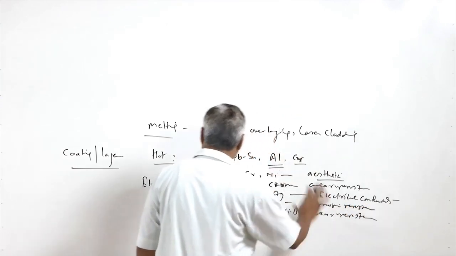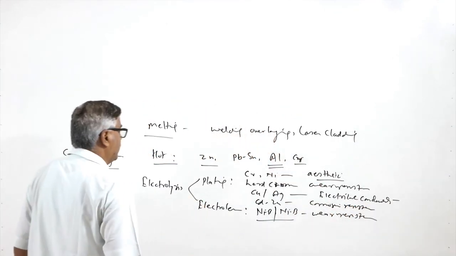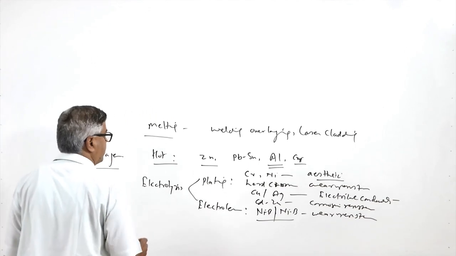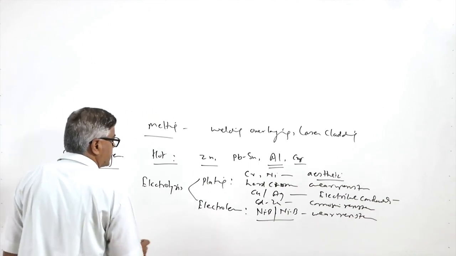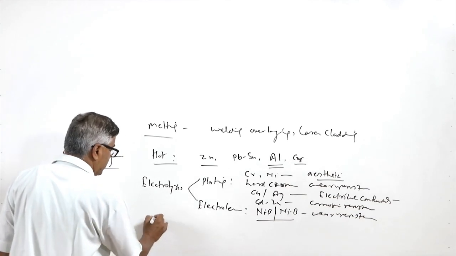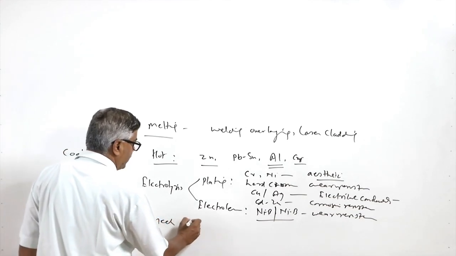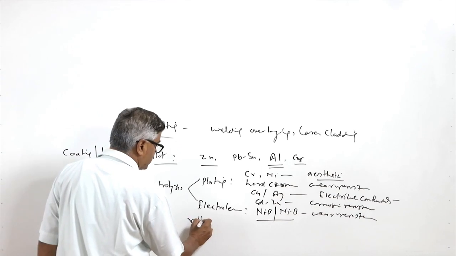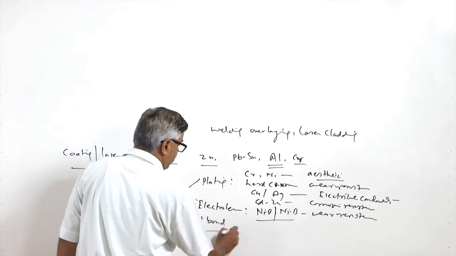So there are different types of materials which are applied onto the surface through electrolysis based methods like electroplating or electroless coating.